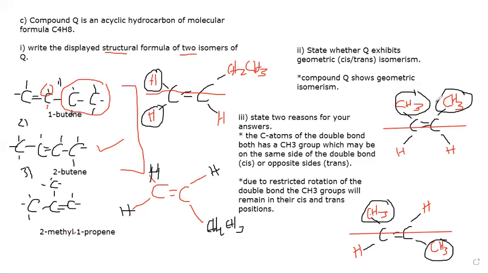So if it is in the cis configuration, it will stay as cis. And if it is in the trans configuration, it will stay as trans. So those are the two reasons. The carbon atoms of the double bond must have a group in common. Second reason, the restricted nature of the double bond does not allow cis to be converted to trans and trans into cis.